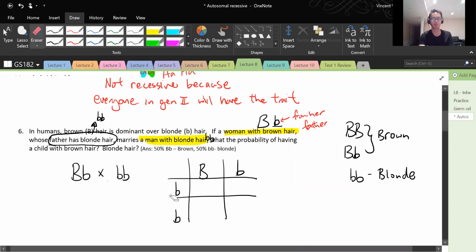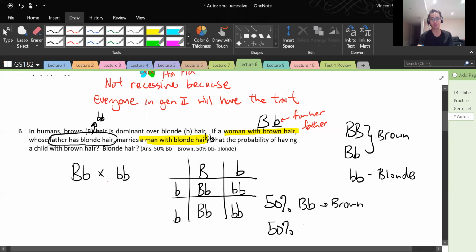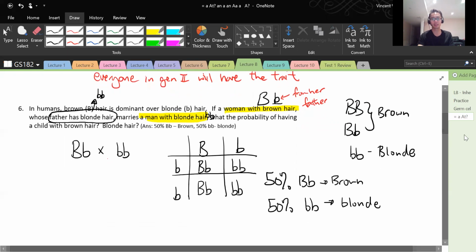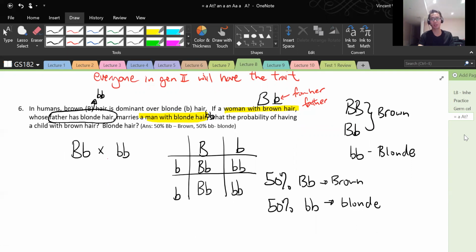And for the sperm, 100% will be small b. If you do the Punnett square, you just match the letters together, and you will see that there is a 50% chance that their child is going to have brown hair, brunette, I guess that's what you call it, and the other 50% chance of having blonde hair. That's how you do it. We good?